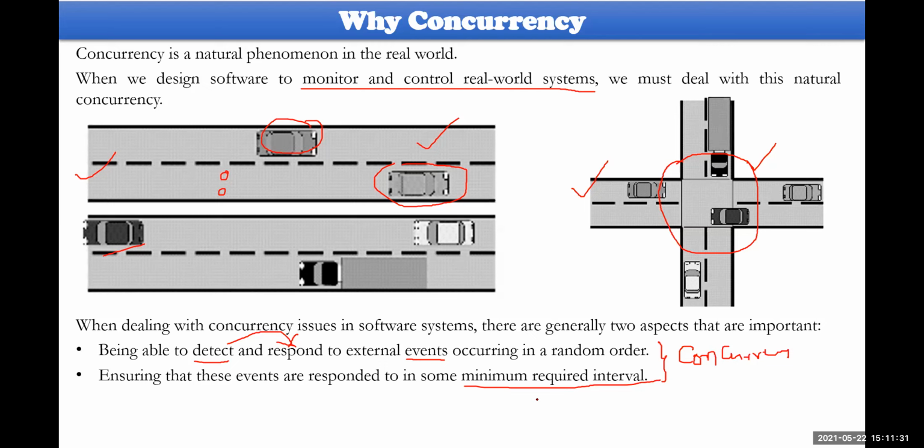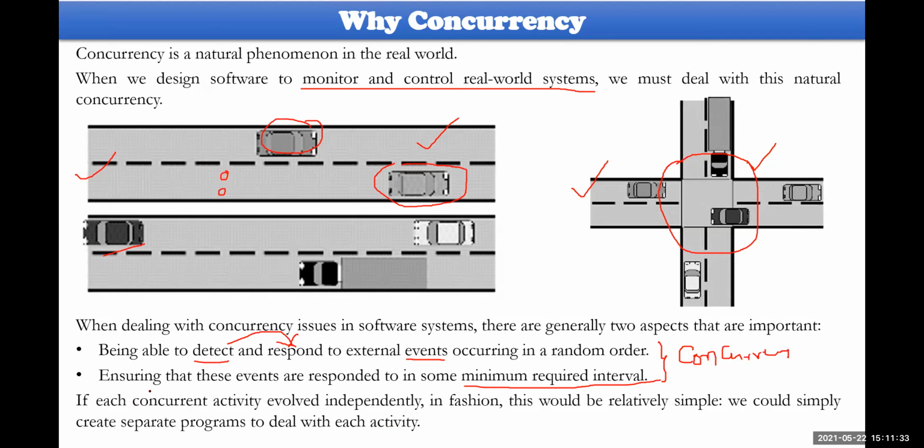Then, if concurrent activities are evaluated independently, there is some activity you have to do. What is the activity? For one kind of problem, you write one simple thread, meaning a program or thread.